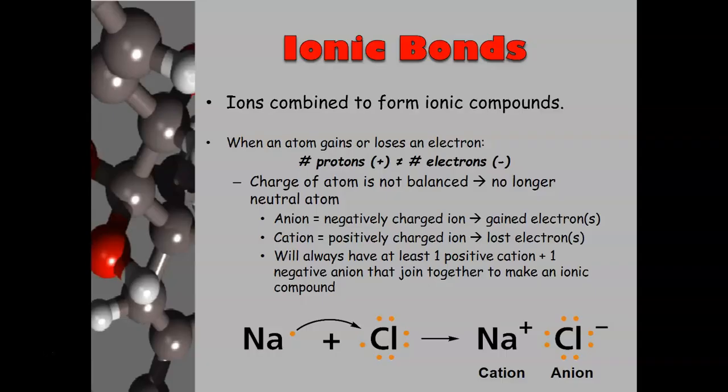It really just depends. But I need at least a positive ion and a negative one, because ultimately it's those opposite charges that hold these guys together in that compound. So opposites attract. It's like putting a positive and a negative magnet together. That's what's going to keep those atoms together in that compound.